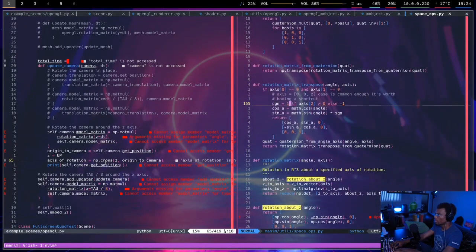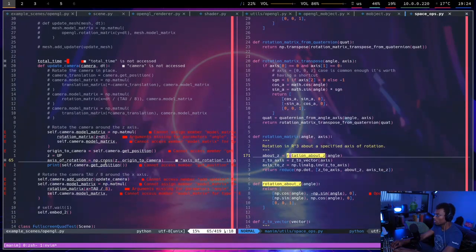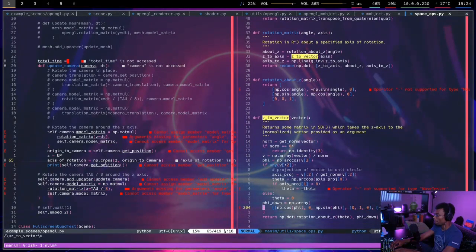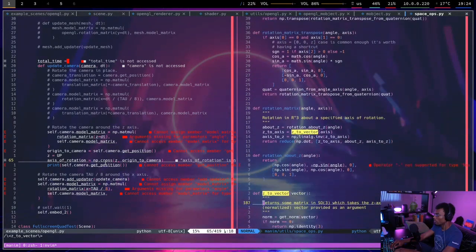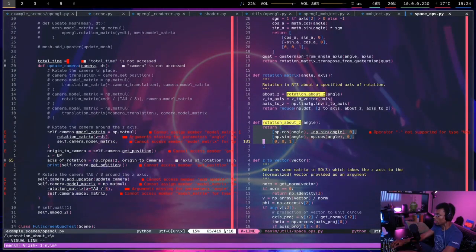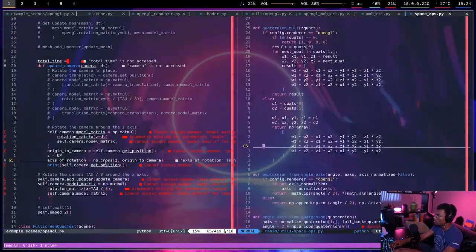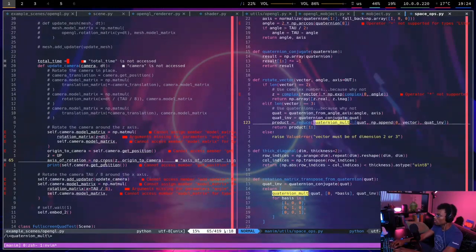I wonder which of these used a quaternion. Rotation about Z doesn't. Is it Z to vector? Rotation about Z just uses this matrix. I actually don't know where he ended up using quaternions. Rotate vector.